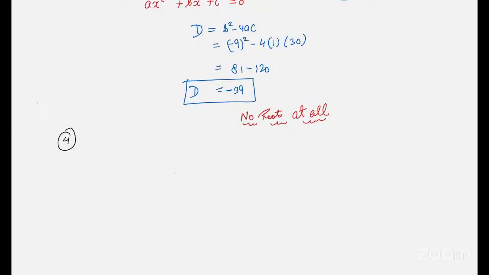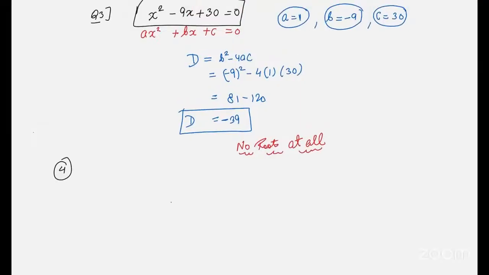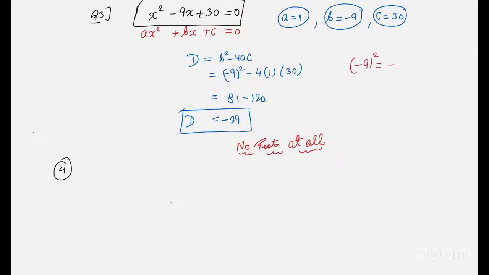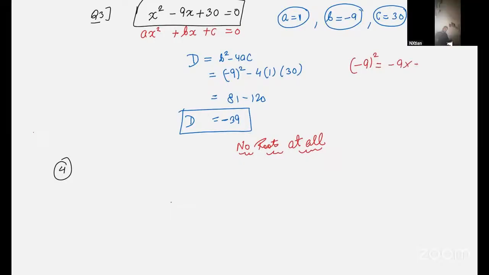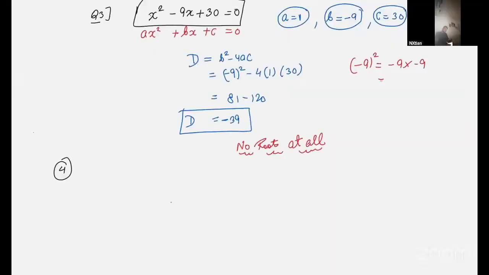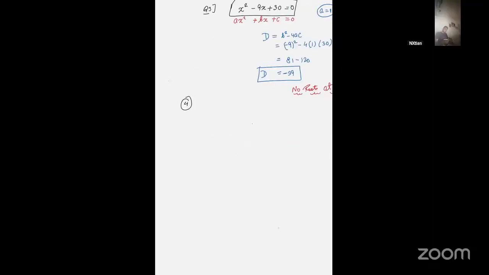Like minus 9 square minus 4, then the both minus will become plus now. See, minus 9 square means you have to write minus 9 multiplied by minus 9.